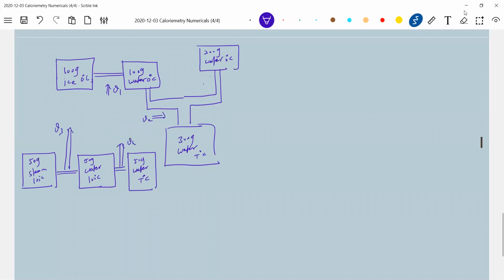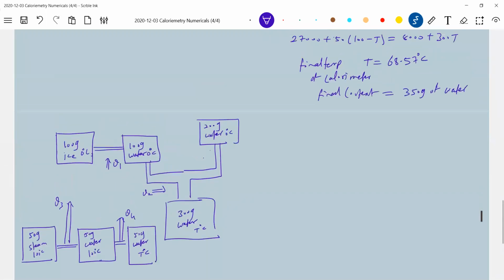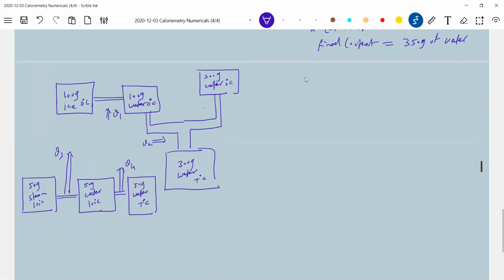So Q1 plus Q2 should be equal to Q3 plus Q4. These are the methods. So the final content is what? It should be 350 grams. Okay, this is the final temperature.